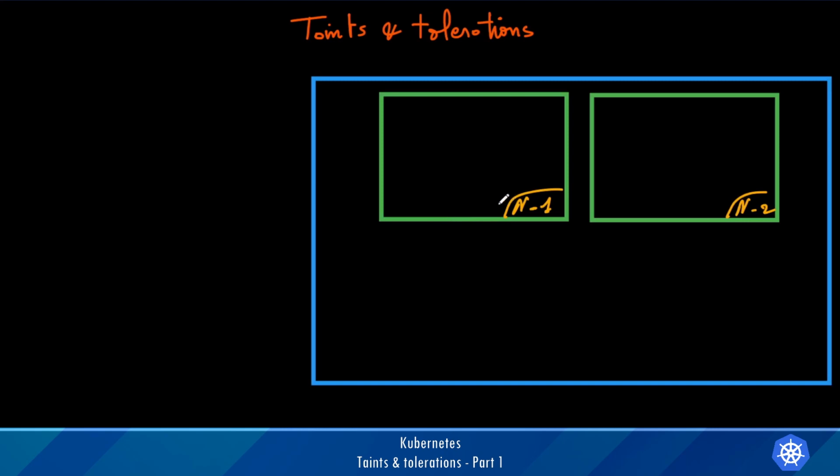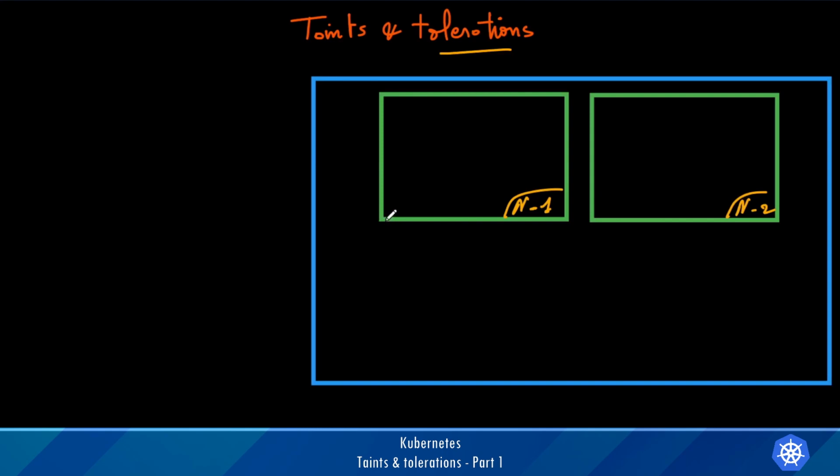So not any pod can be deployed on this node. To achieve that, we can taint this node. So we set a taint for this node. And then we go to the pods, and using tolerations, we tolerate this taint, so the pods can be accepted by this node.